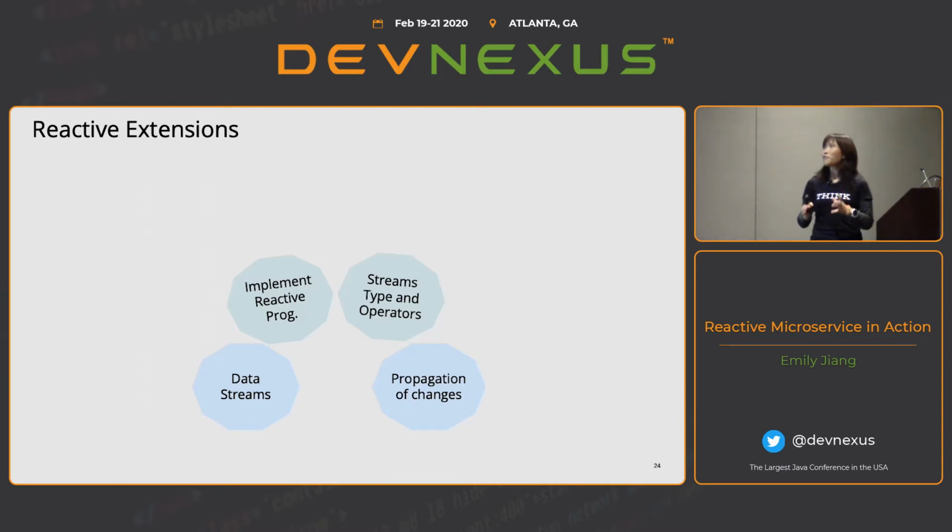Once there are so many different libraries, reactive extensions like Akka, RxJava, Reactor, people will think, okay, we need a standard. Otherwise, if you change from one to the other, you have to rewrite your application. This is not good.